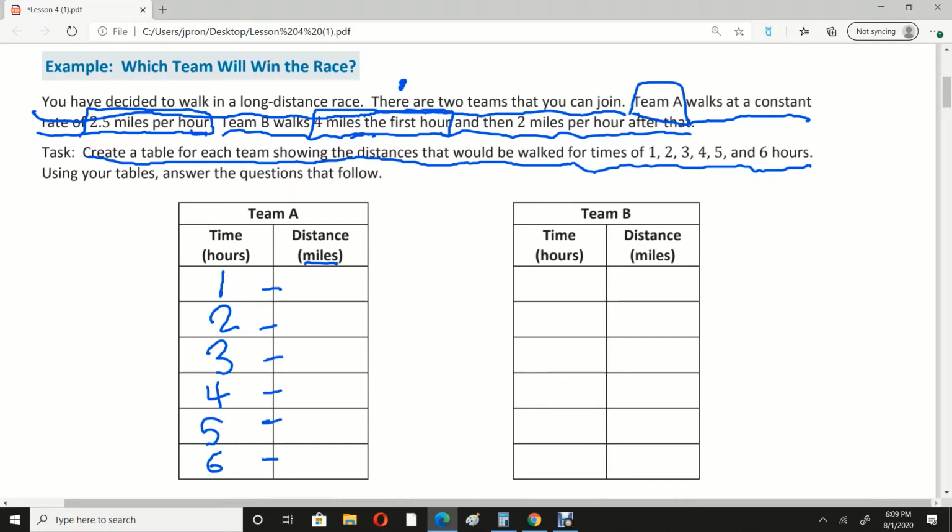And you'll do the same for Team B. Create a table. How far will they go in the first hour? How far will they have gone in the second hour, third hour, fourth hour, fifth hour, sixth hour, right?